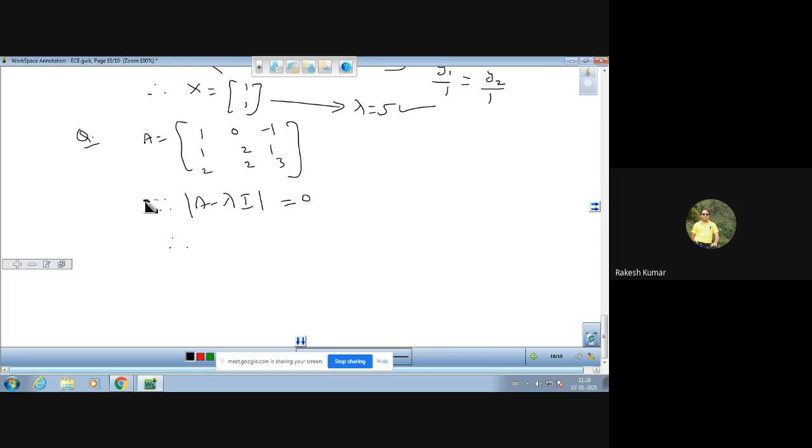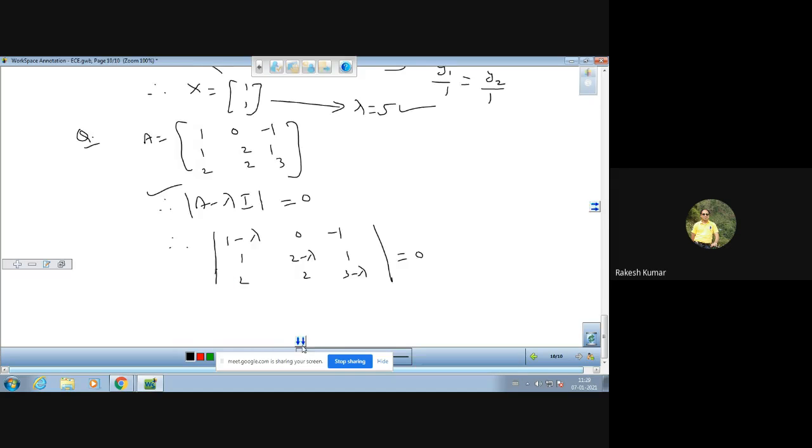So therefore this is the characteristic equation, and put the values: 1 minus lambda, 0, minus 1; 1, 2 minus lambda, 1; 2, 2, 3 minus lambda is equal to 0.